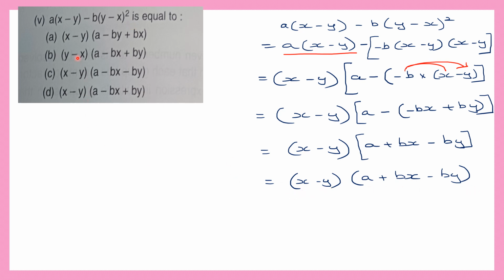Here we have x minus y, and next is a plus bx minus by. So that is option A. So option A is our answer. It's the same as this. So you have to do this very carefully, step by step, follow it and do.